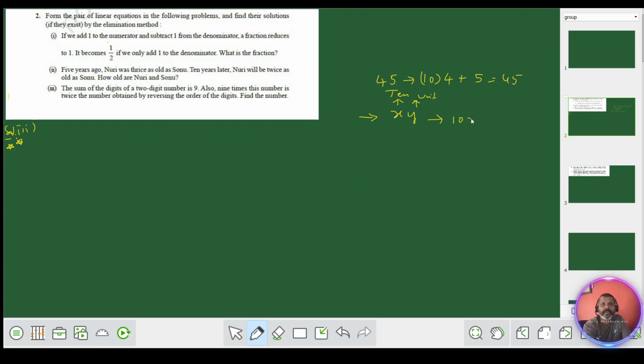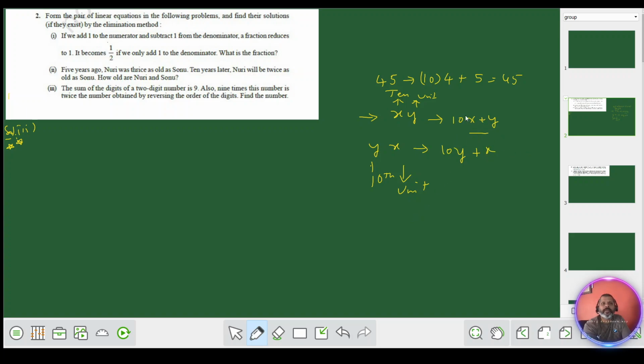Okay, it depends on which digit is placed at unit place or tens place. If I take the digits as yx, where y is tens place, x is unit place, its algebraic representation becomes 10y plus x. Okay, remember this.